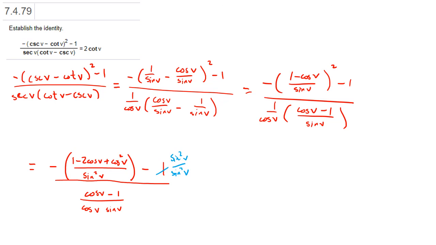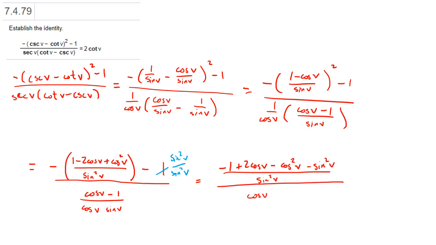Because now they both have the same denominator, so I can collect this as, let me just distribute this negative sign out as well, so I get a minus 1 plus 2 cosine of v minus cosine squared of v minus sine squared of v, that's this minus sine squared of v, all over sine squared v. All of that is still over cosine of v minus 1 over cosine v sine v.